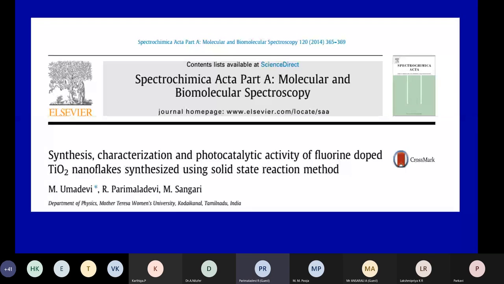You transfer that material into a crucible and treat it in a muffle furnace, where it is calcinated at 500 degrees Celsius for 5 hours. Then you get a yellow colored powder. You grind that and wash it, and you can subject it to different characterizations.